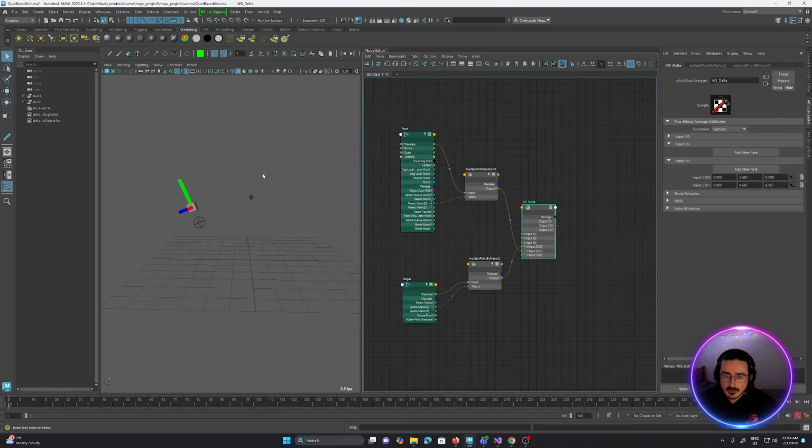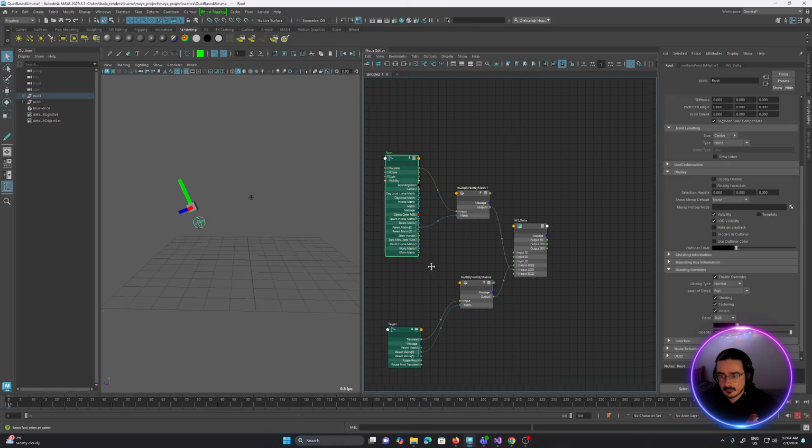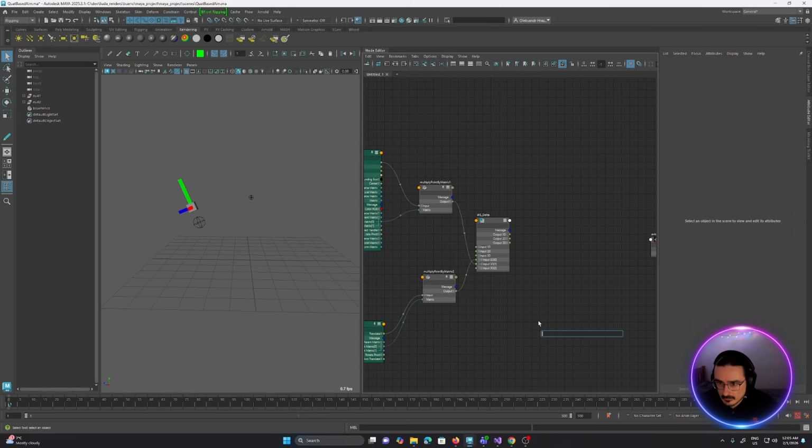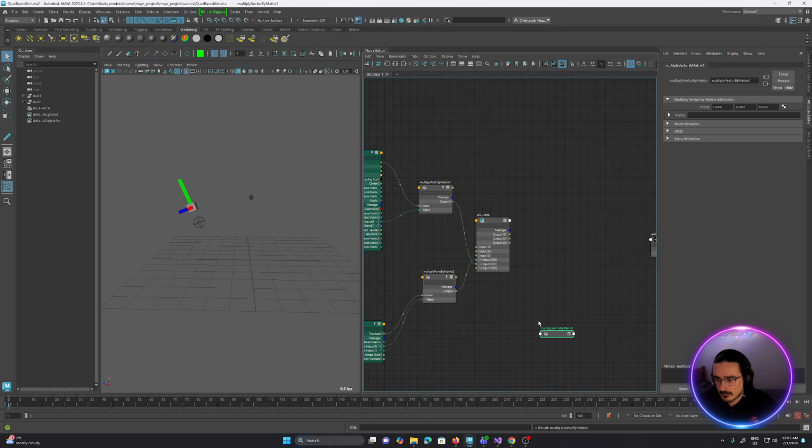And to put my delta vector into the local space of my root, I need to do another vector matrix multiplication. Multiply vector by matrix.